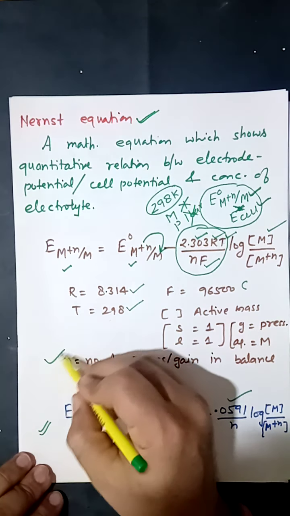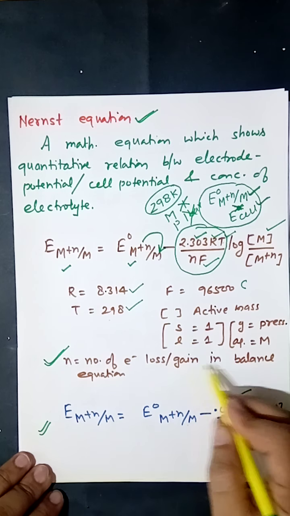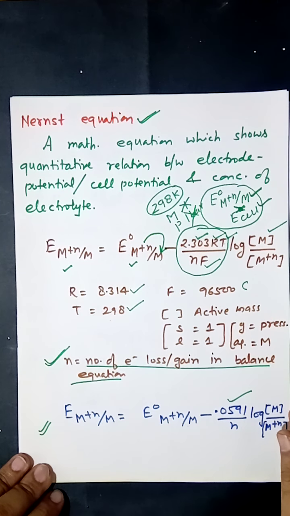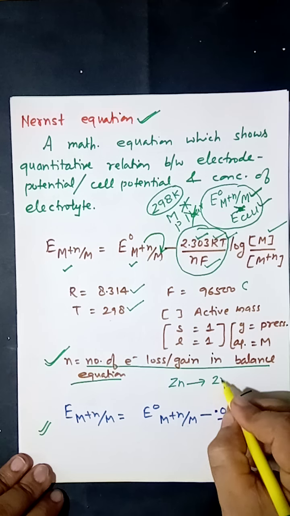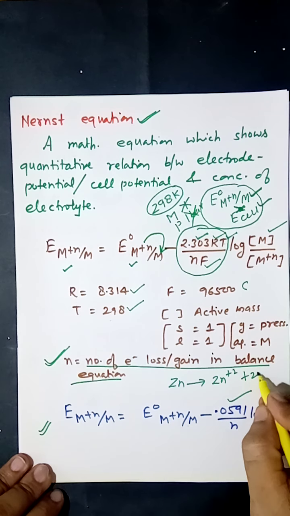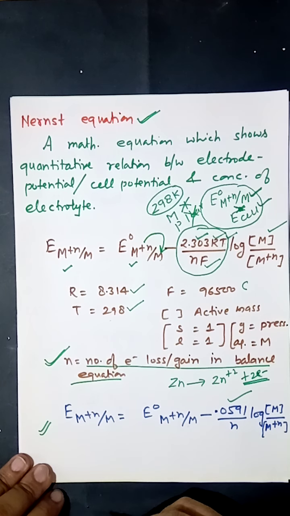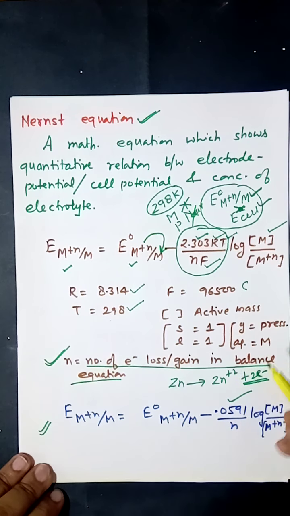So you can define n as the number of electrons lost or gained in the balanced equation. Remember, the reaction should be balanced at least for that particular half reaction, half cell. Say for example, zinc converts into zinc plus 2 and 2 electrons. So here the value of n is 2. So it is the number of electrons lost or gained in the balanced chemical equation.